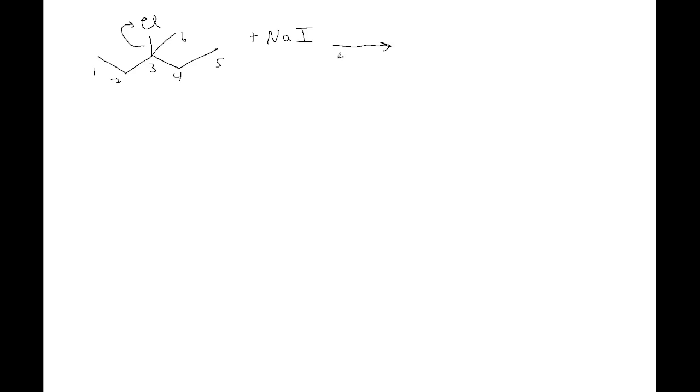SN1. How do you know that you shouldn't do an SN2? Because the alpha carbon is tertiary. That's right. So there'd be too much steric hindrance for that. Good. So how should I modify this picture to show the product of that step?